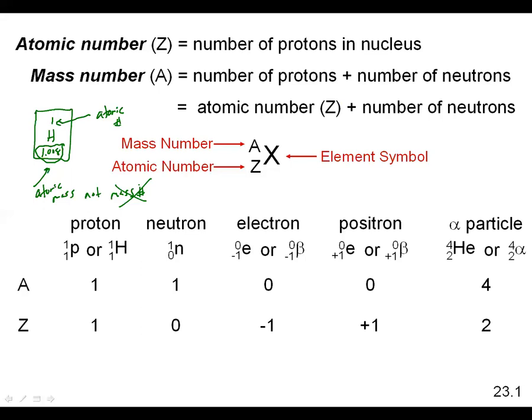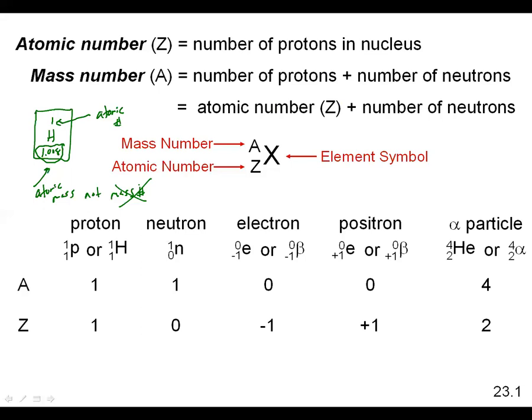And hopefully you remember that when you calculate the mass number, the atomic number, number of protons, number of electrons, number of neutrons, those all should really be positive whole numbers. So if you look on the periodic table, the atomic mass is definitely not whole numbers for most elements. So again, not the mass number on the periodic table, only the atomic number.